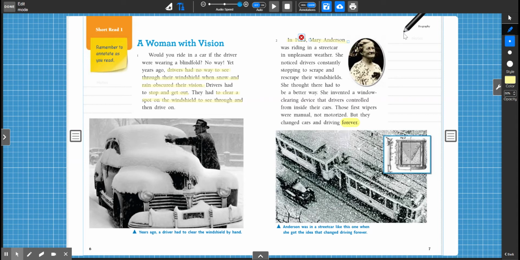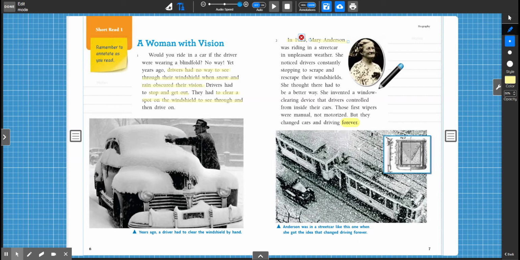That is our inventor. Now, we're going to reread this, and we're going to find the where, the why, the what, and the how. So the where is, where did she think of this idea? Where was she when she thought of this idea? So it says in 1903, Mary Anderson was riding in a streetcar in unpleasant weather.